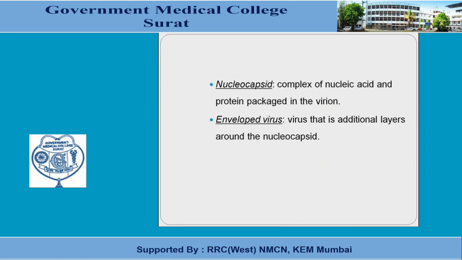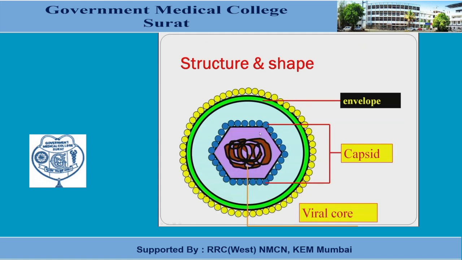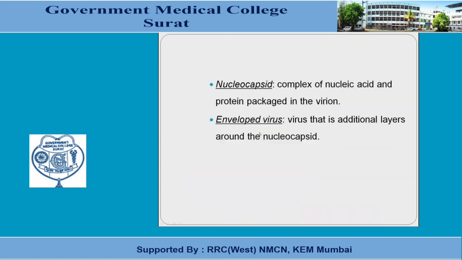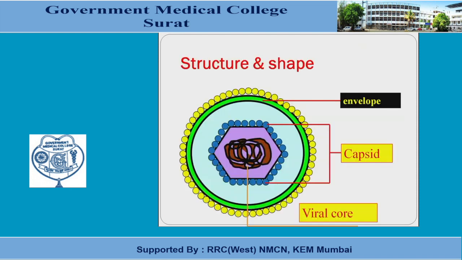Then the nucleocapsid: the combination of nucleic acid and the surrounding capsid is a nucleocapsid. The complex of nucleic acid and protein packaged in the virion is a nucleocapsid. Then, surrounding the nucleocapsid, there may be an additional layer, the envelope. The additional layer around the nucleocapsid is known as the envelope. So a few viruses are naked and a few viruses are enveloped.